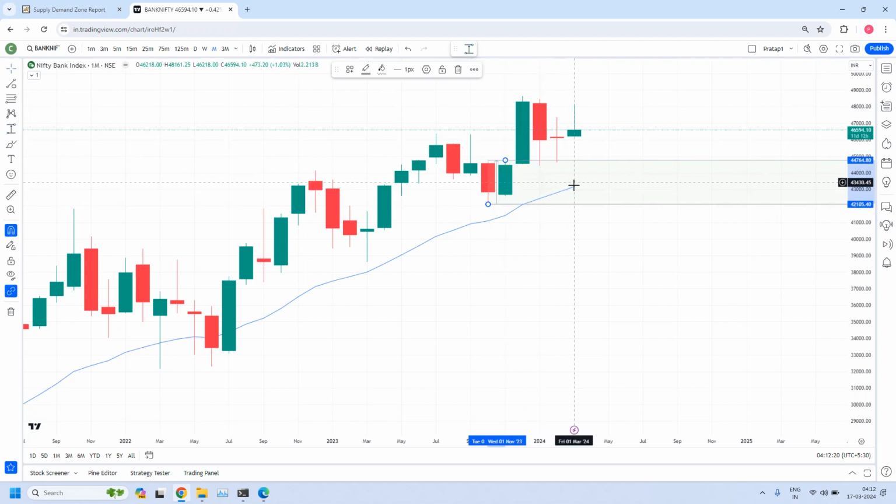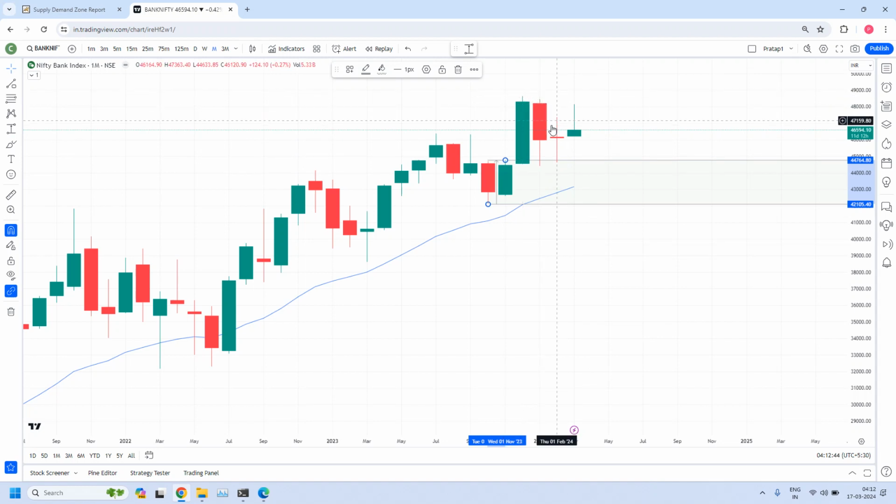And if you look into Bank Nifty, it is having a monthly EMA confluence. If prices get into this EMA level, the monthly overextension will be completed. Already earlier there was an overextension.